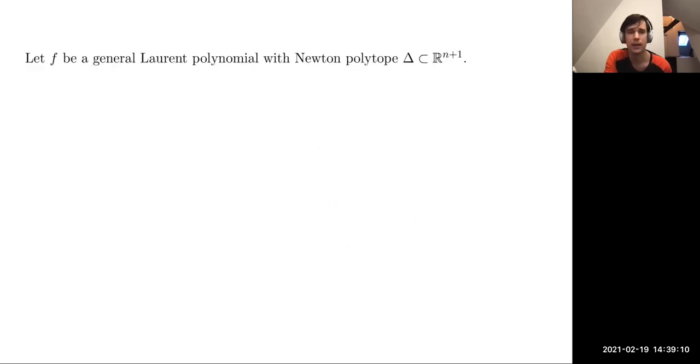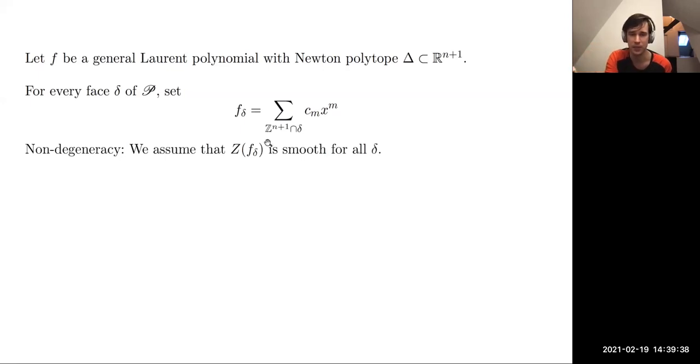Okay, so if we take a Laurent polynomial with the Newton polytope delta, for every face in the subdivision we get a new polynomial just by picking out the coefficients appearing in the face. There's a non-degeneracy condition that we need in order to do this: we require that all of these smaller hypersurfaces are smooth for every face.